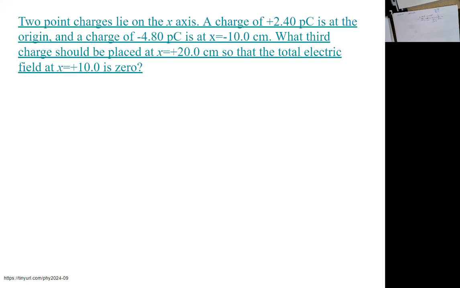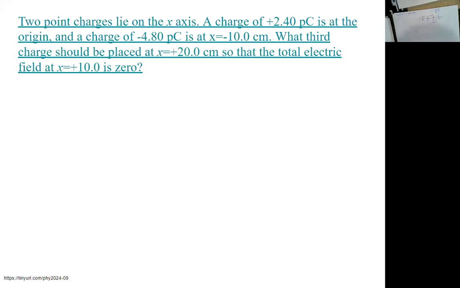So this is your point of interest, P. You have three point charges at x equal to minus 10, x equal to 0, and x equal to 20, and you want E equals 0 at point P. So that's the problem here.